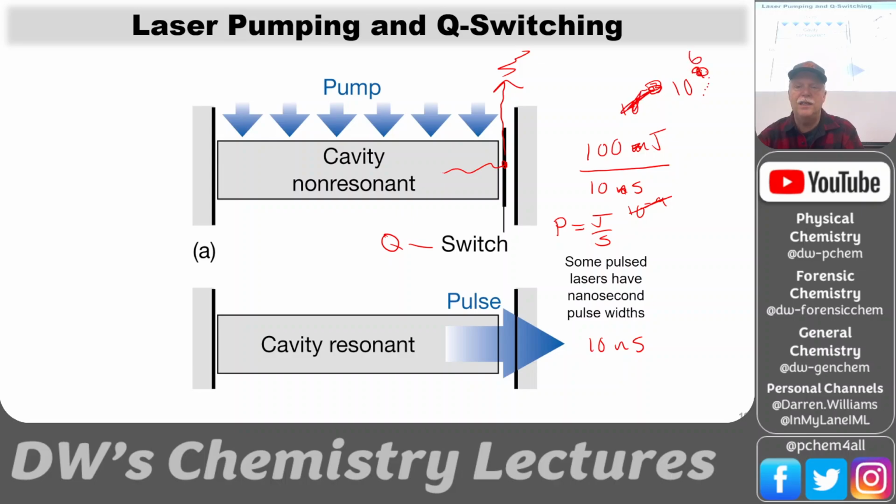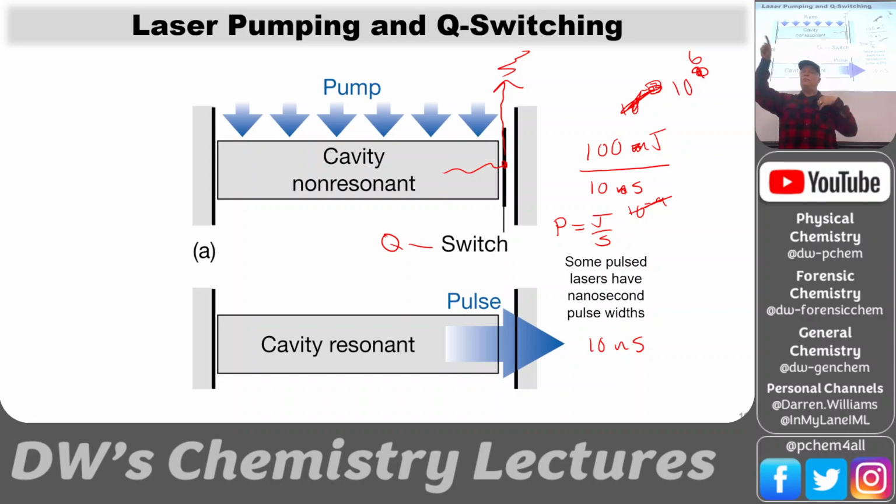So we've got 10 to the 6, so we have 100 megajoules of time average power. That's what our molecule feels for 10 nanoseconds.